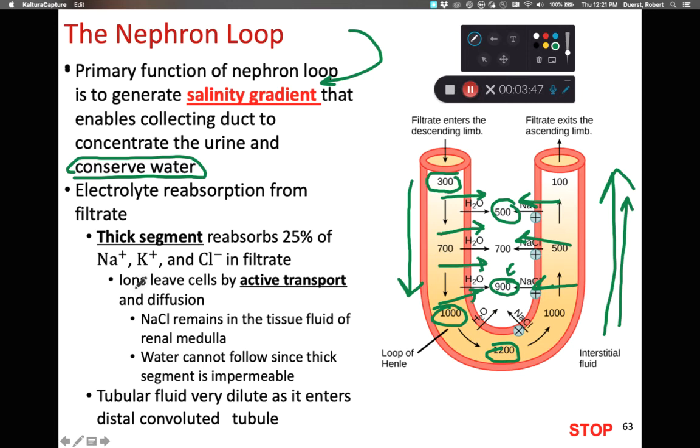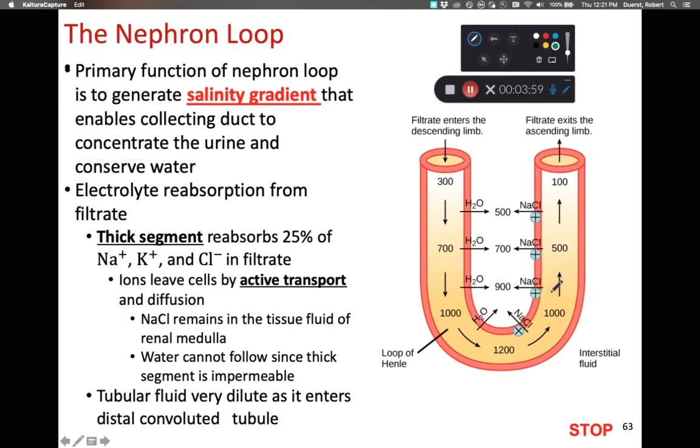We have lots of electrolyte reabsorption on the thick segment of the ascending limb. This is done via active transport because we are moving these ions against their concentration gradients. If we look here, we have a concentration of 500 millimolar-ish of sodium chloride within the filtrate, but within the extracellular fluid it's approximately 700 millimolar.